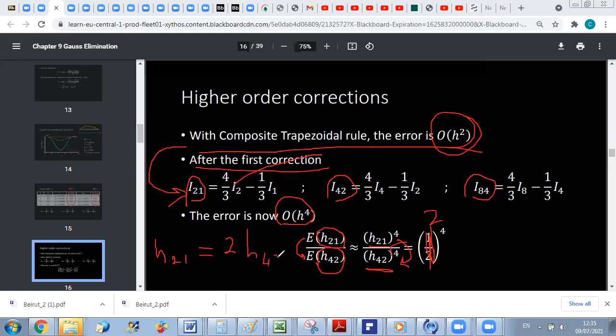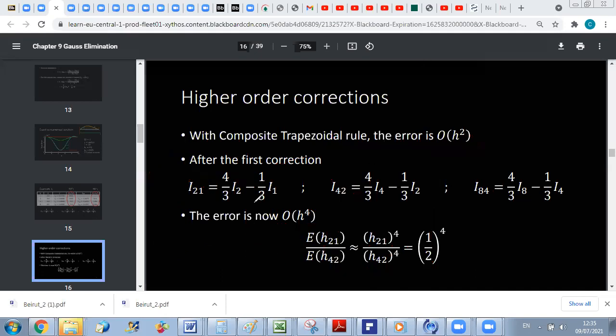Why? Because again, I will repeat here. You computed I21 based on a certain H for I2 and a certain H for I1. So this is H2, this is H1. Now, when going from 2 to 4, what you did is that you divided H by 2.